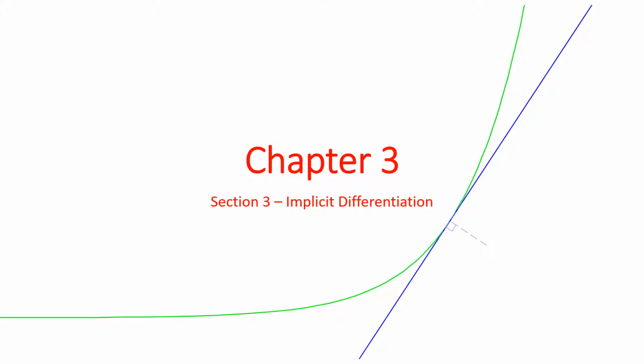And so, implicit differentiation is a process, and it's something that we can use with implicit equations as opposed to the explicit equations or explicit functions that we've been dealing with so far in pretty much your entire mathematical lives. An explicit function or equation is one that can be written as y equals something.